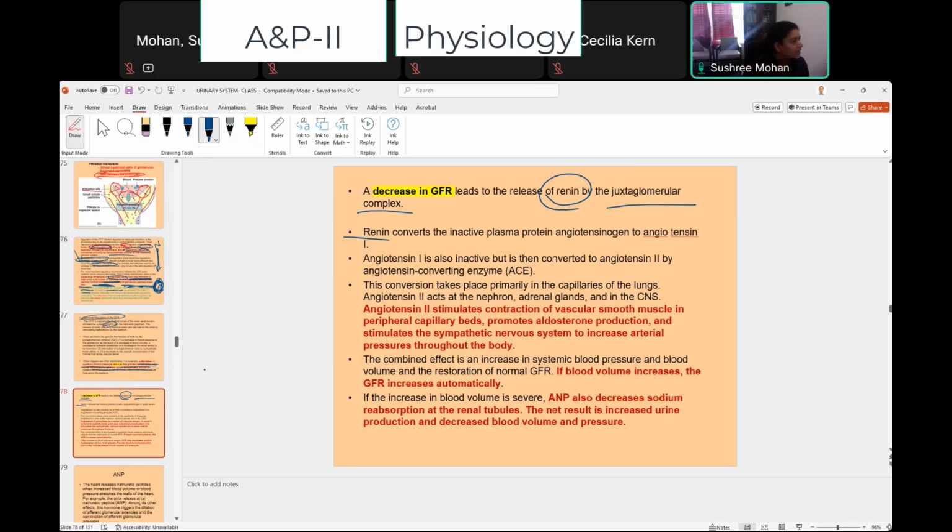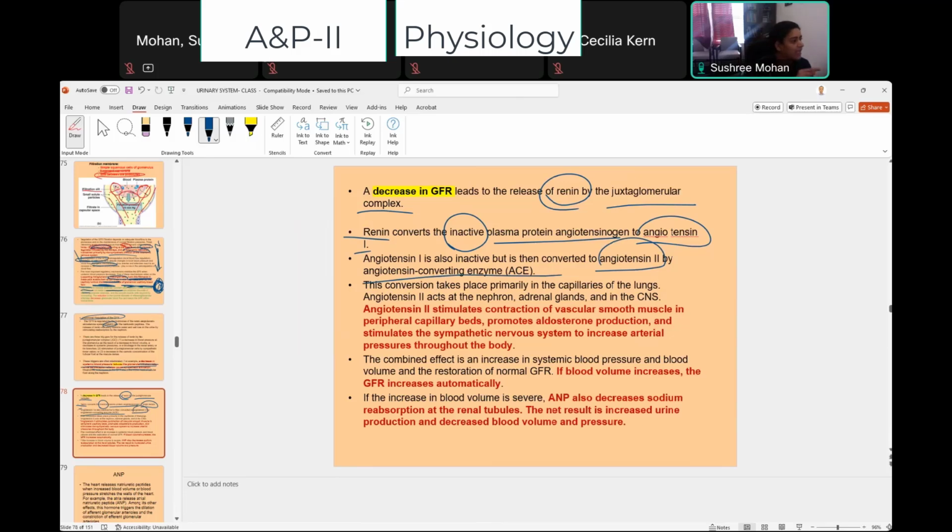Now, this renin converts the inactive plasma protein angiotensinogen into angiotensin 1. Angiotensin 1 is also inactive, so it will be converted into angiotensin 2 by angiotensin converting enzyme, ACE. We talked about ACE when we were studying the respiratory system: the lungs have an enzyme called ACE.